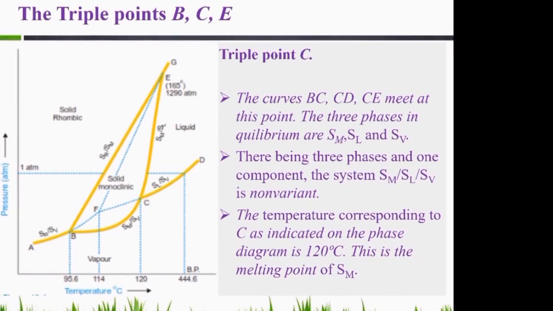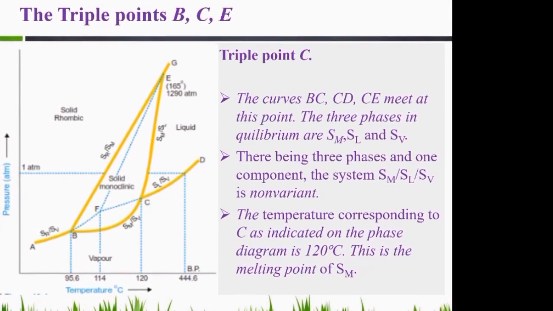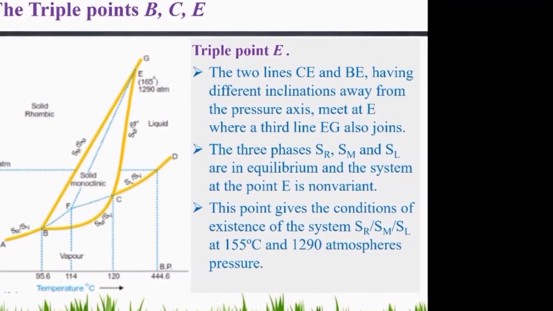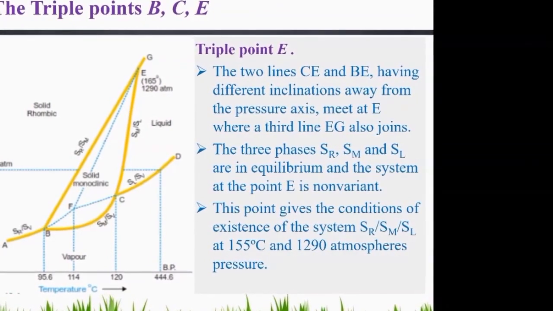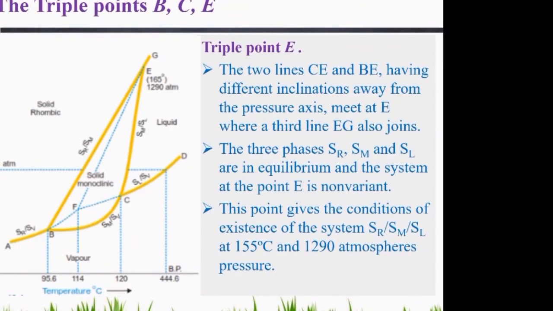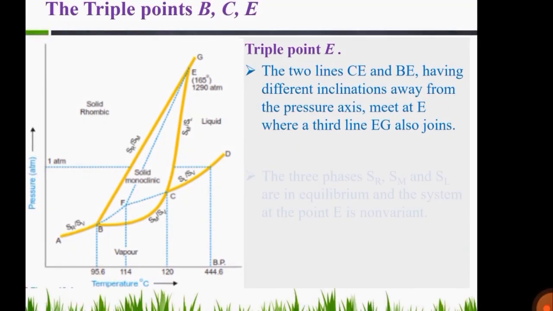And the last point, triple point E: the two lines CE and BE, having different inclination away from the pressure axis, meet at E, where the third line EG also joins. The 3 phases SR, SM and SL are in equilibrium and the system at the point E is non-variant. The point gives the condition of existence of the system SR, SM and SL at 155 degrees Celsius and 1290 atmospheres of pressure.